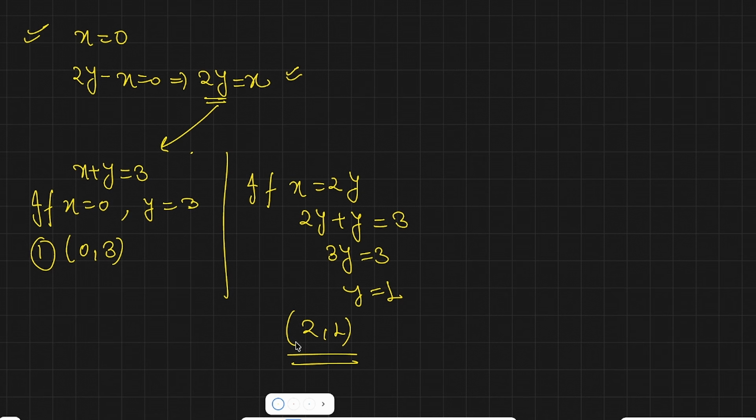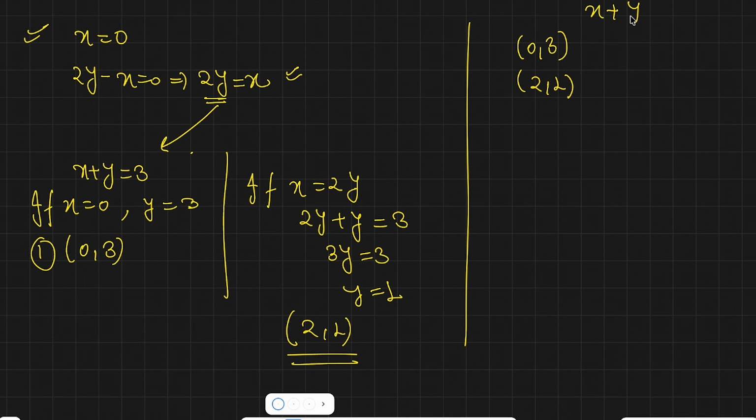Now you check whether both of these satisfy my condition or not. So (0, 3) and (2, 1). What is my condition? That is x plus y is equal to 3. If you put it here, it is satisfying. If you put this here, it is also satisfying. Now you find the value of the function at (0, 3) and at (2, 1).